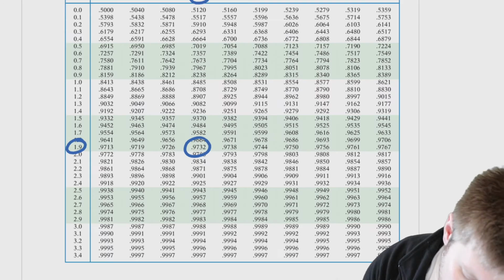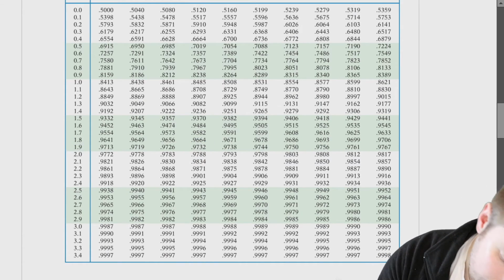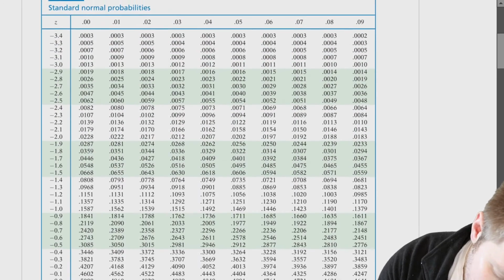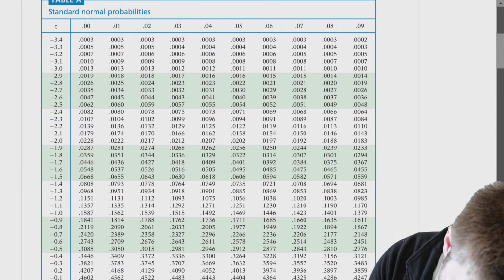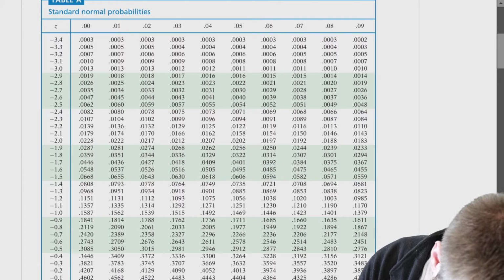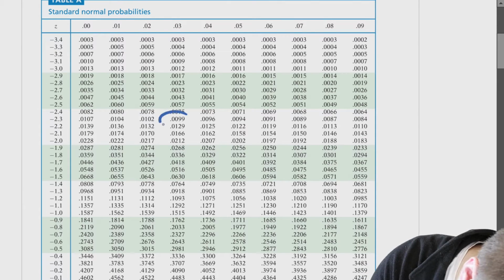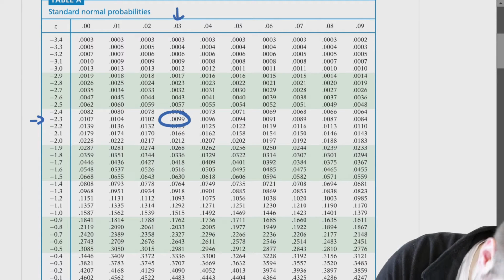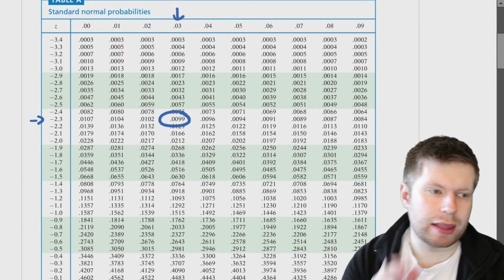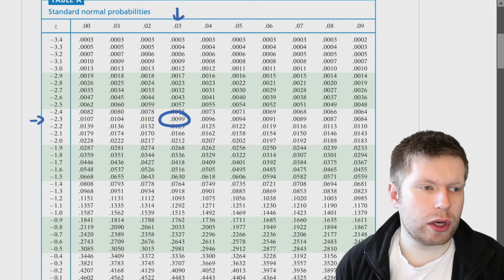So if I jump over to my tables, I'm literally looking at my tables for 1%, or 0.0100. So I'm looking in here, and I'm looking as close as possible to 0.0100. So I think the closest thing I can get is that value there. Okay, so that's negative 2.33 units of standard deviation from the mean. That's the closest, which gives me a probability of 1%.